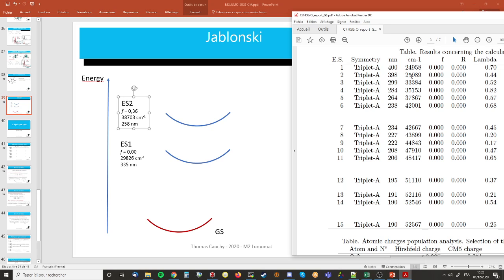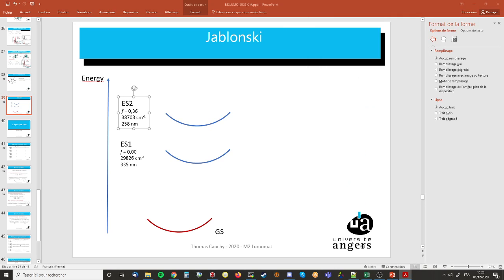But there is also the second triplet state that is at 25. And then we have 33 and 35 and 38. So until this level, we have like 5 triplet states: 2 that are below here, and 2 and 3 that are between the two.